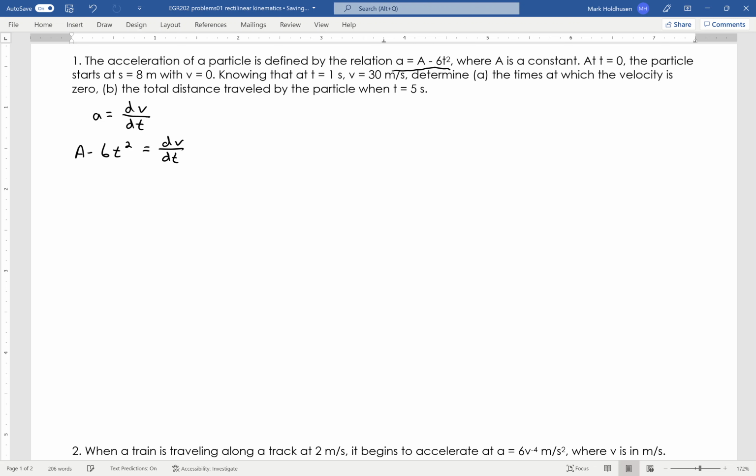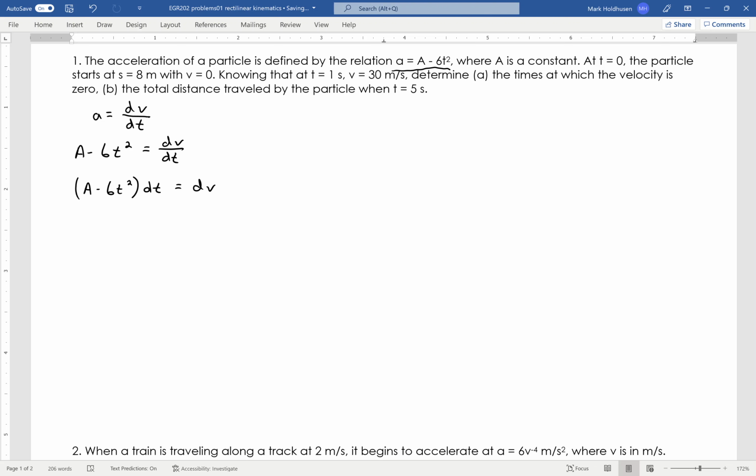Now, this is a differential equation. Mathematicians will tell you you can't separate the variables, and then they'll say, well, that's how you have to do it to solve this. So we basically treat dv/dt like an algebraic equation and bring dt to the other side. So we have (A minus 6t squared) dt equals dv.